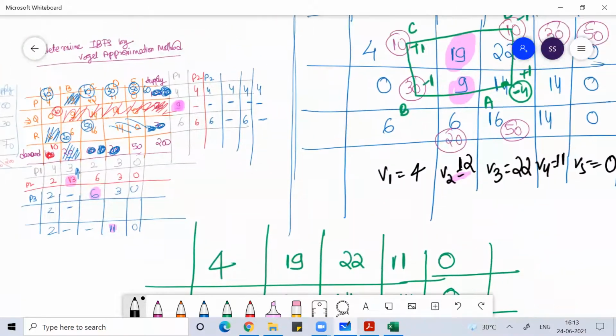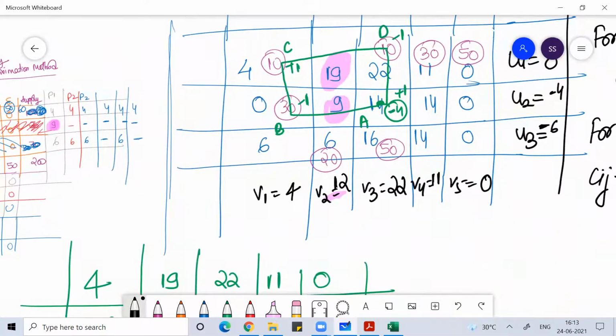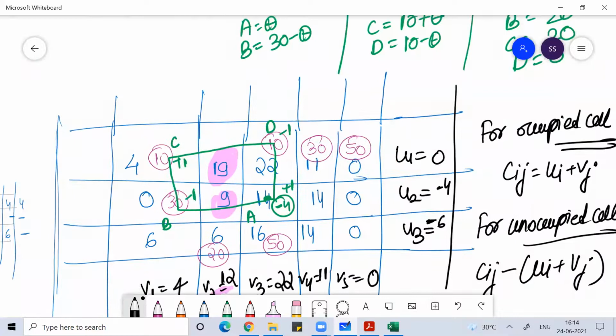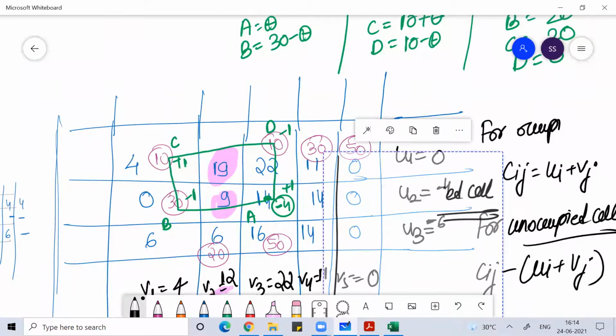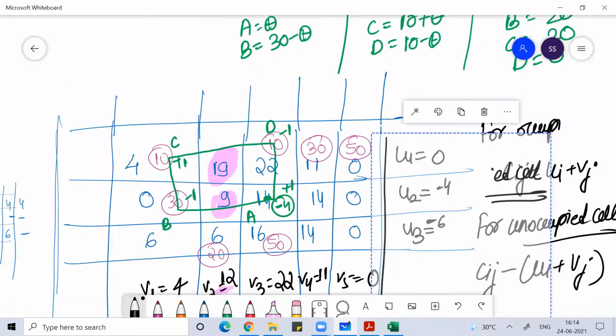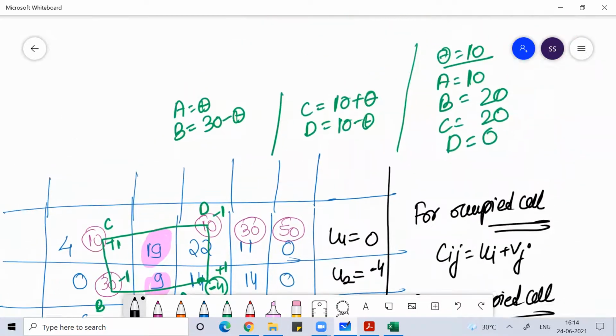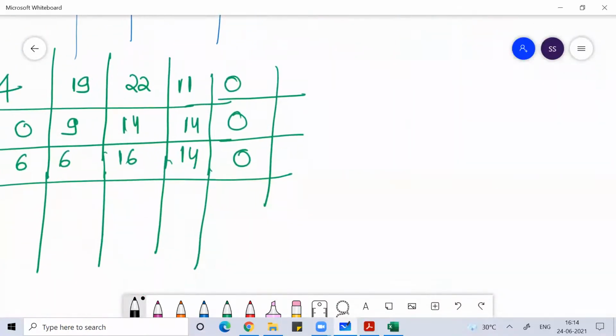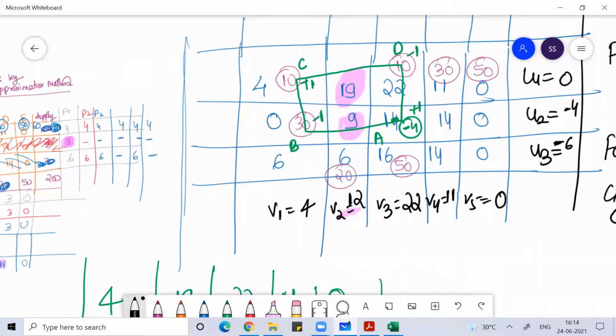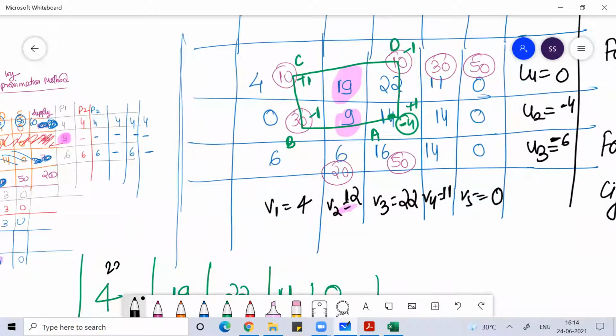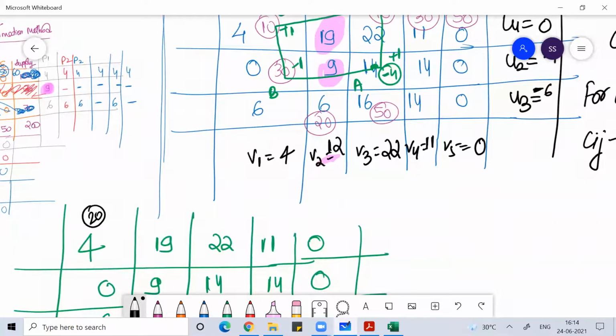Now the allocation, if you see guys, this C will become 20, right? The C will become 20. And then this 19 will remain 19. This D will be 0. 11 would be equal to 11, 30 allocation.